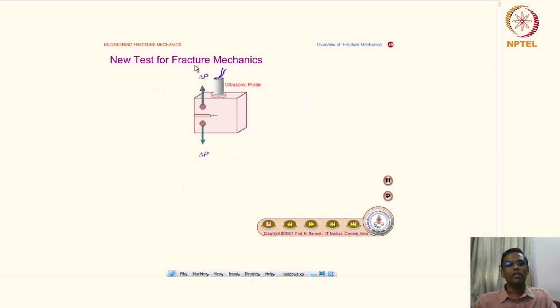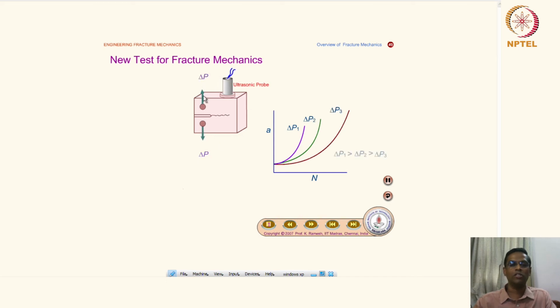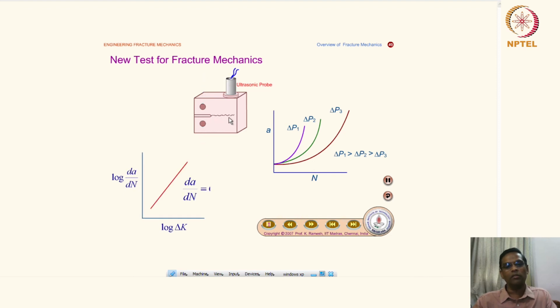New test for fracture mechanics, basically just to monitor the crack. You see that this animation clearly shows a compact tension specimen where the notch is made, and a crack is grown by fatigue loading. Basically, delta P is the amplitude of the loading, and there is a probe which monitors the crack growth.